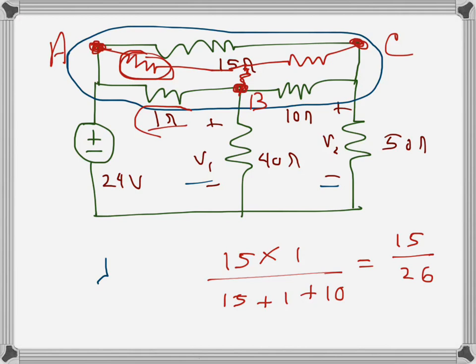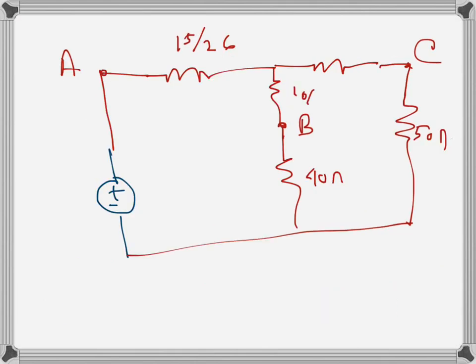Similarly at node B, the 1 ohm resistance and the 10 ohm resistance are connected in delta. So the Y equivalent value will be 10 times 1 divided by the sum of three, which is again 26. So that will be 10 over 26.